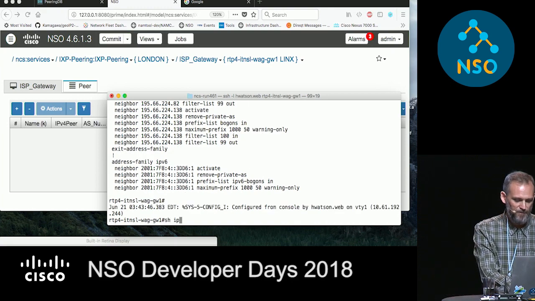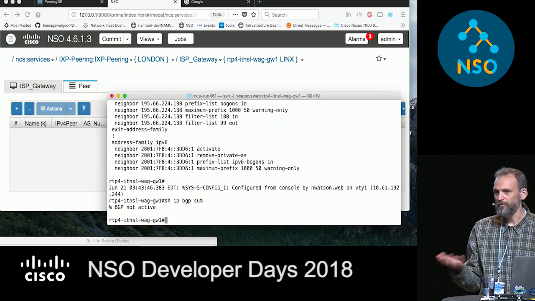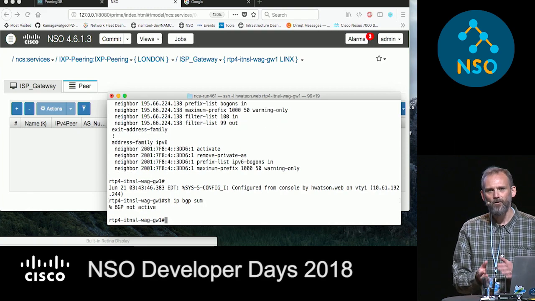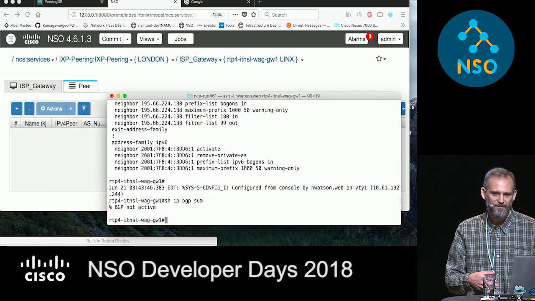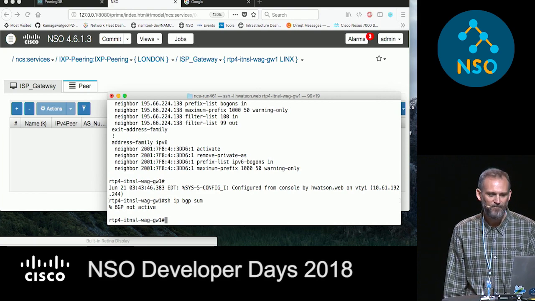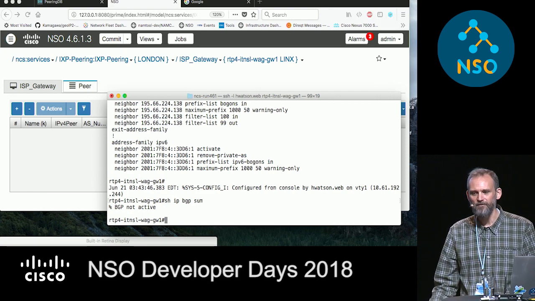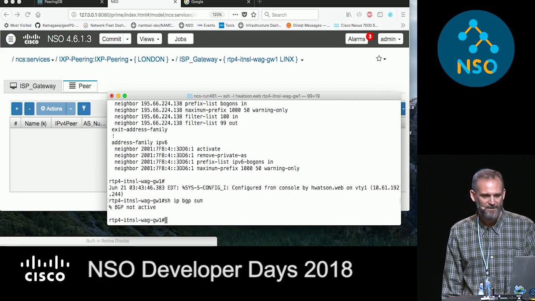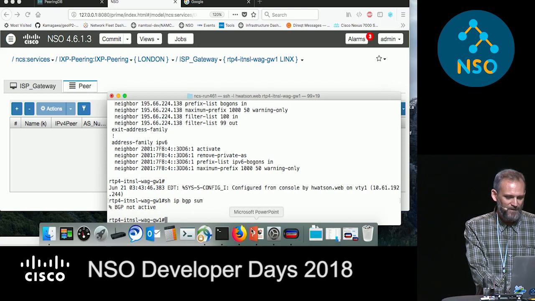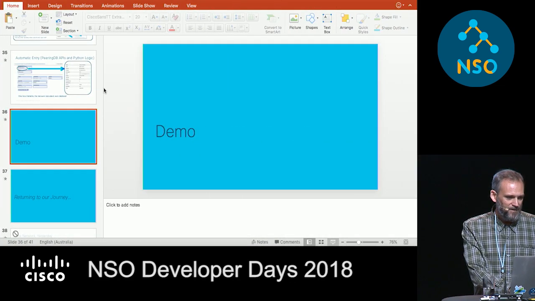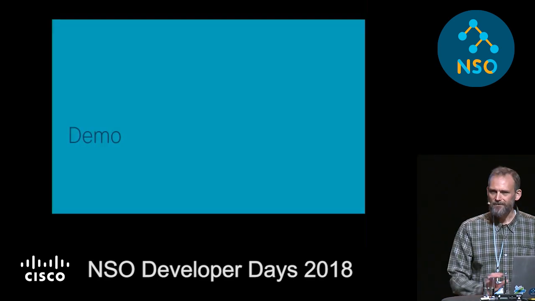If you do a show IP BGP summary, BGP's gone completely now. So the whole config, all of the peering configs, have been cleared out from the device. So there's nothing left over from when we were deploying it.